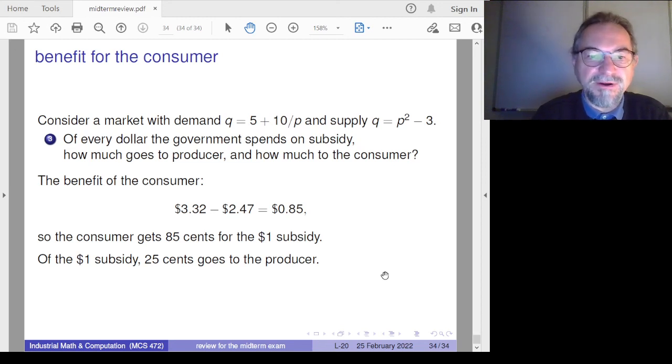And 85 minus $1 is not 25, but it is 15 cents. So of this subsidy that goes in its entirety to the producer, the producer in the end actually only gets about 15 cents of this. The main beneficiary of this subsidy is actually not the producer, it is the consumer.